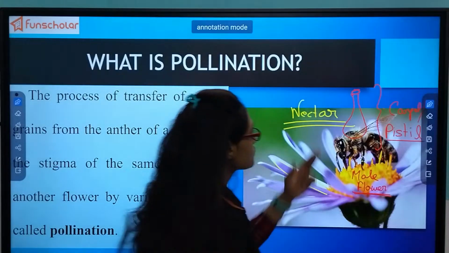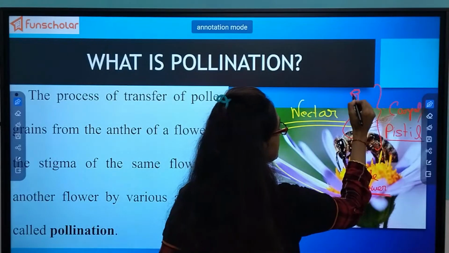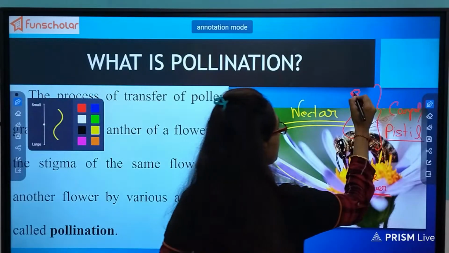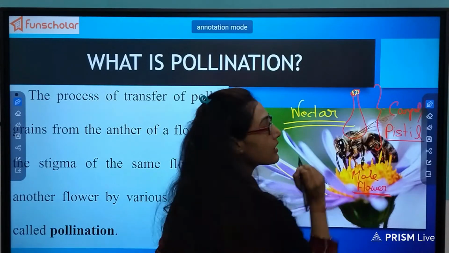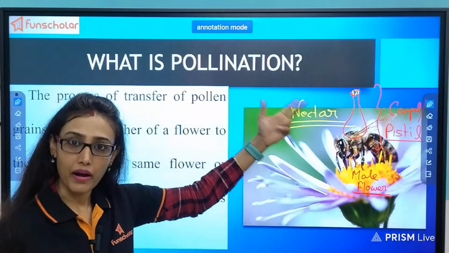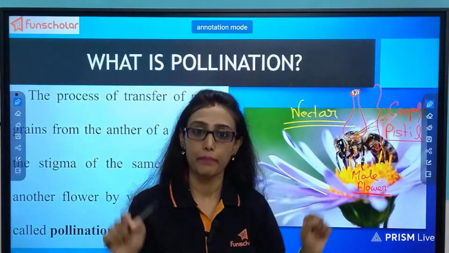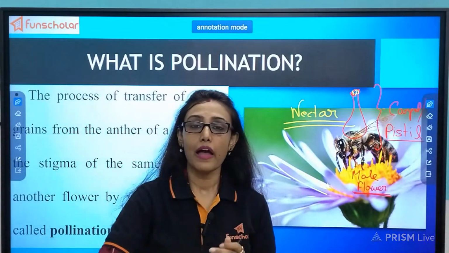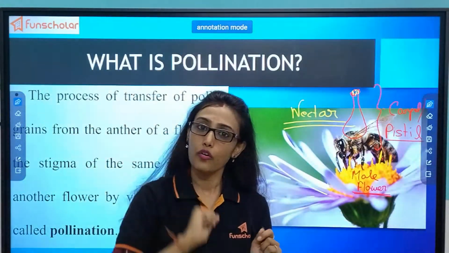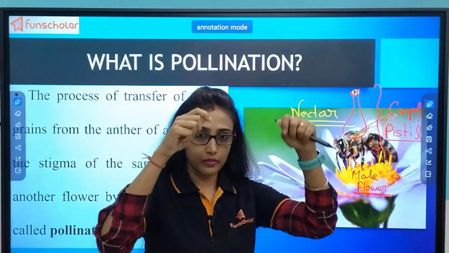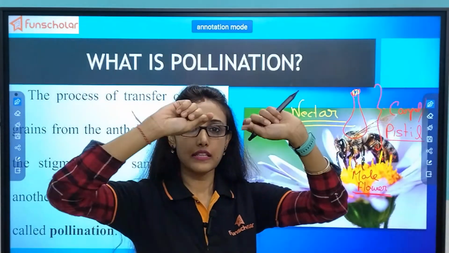Right? So you know this upper part is sticky in nature. So the pollen grains will get stuck in that sticky part. Why? Because it is glue-like in nature. Suppose on a paper you put some glue and you put some mica over there, and after some time you just take the paper.